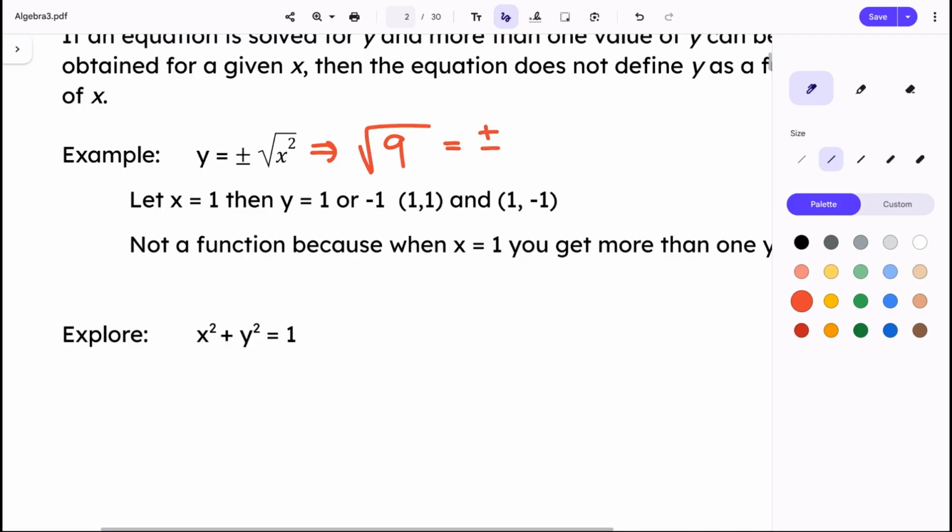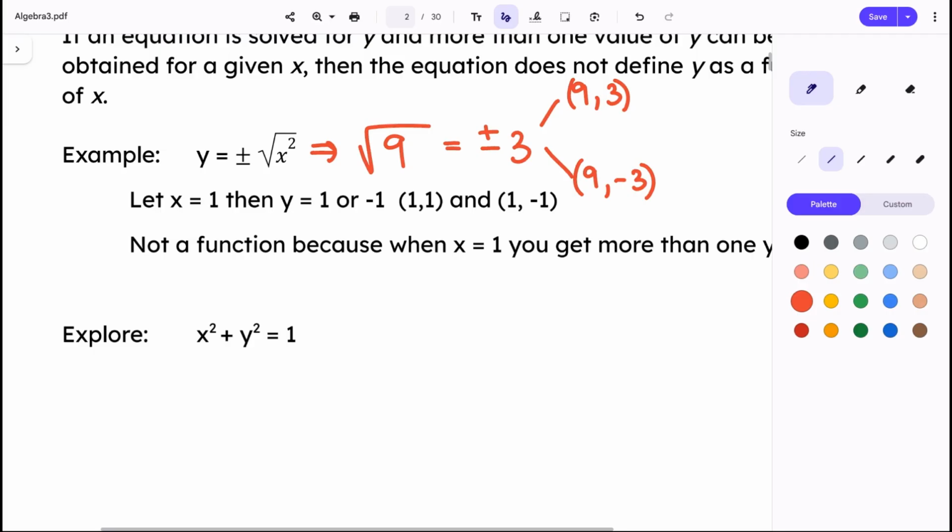Yeah, plus or minus 3. So this means that if I put a 9 in for my x, I got 3. Or if I put a 9 in, I got -3. So that would be an example of not a function because I was able to put 9 in and get two answers to come out.